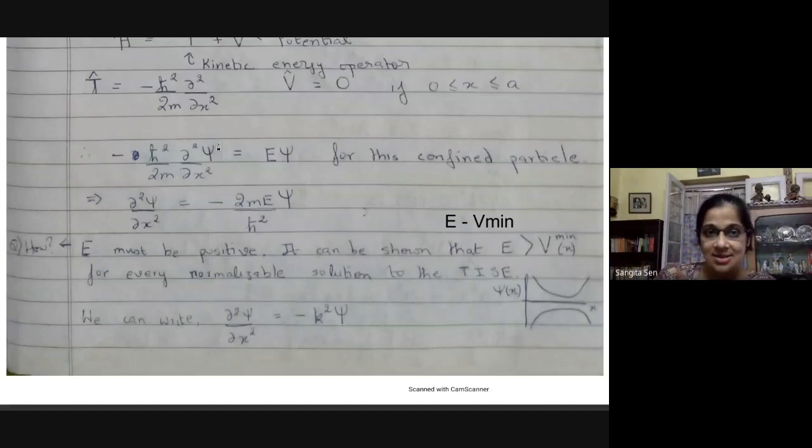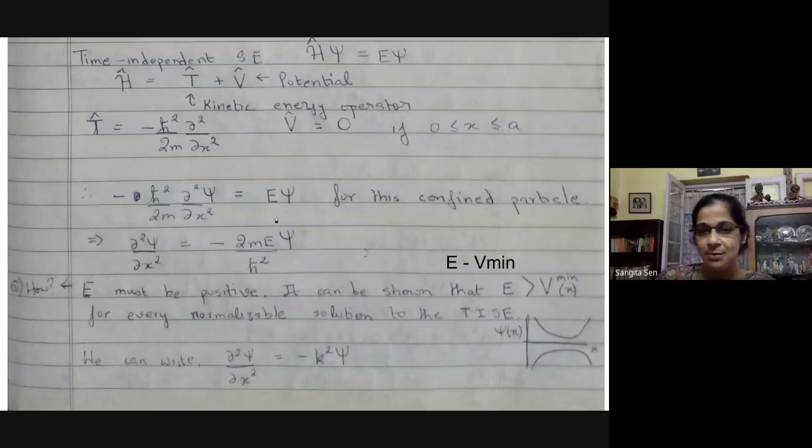Consider this: if you have even the plus V over here, we have substituted 0 here, but let's say we have plus V. Then I can take the V to the right, and I have a quantity which looks like E minus V. It can be shown that if E is greater than the minimum value of the potential in the Hamiltonian, then for every normalizable solution to the time-independent Schrodinger equation, E must be greater than V minimum.